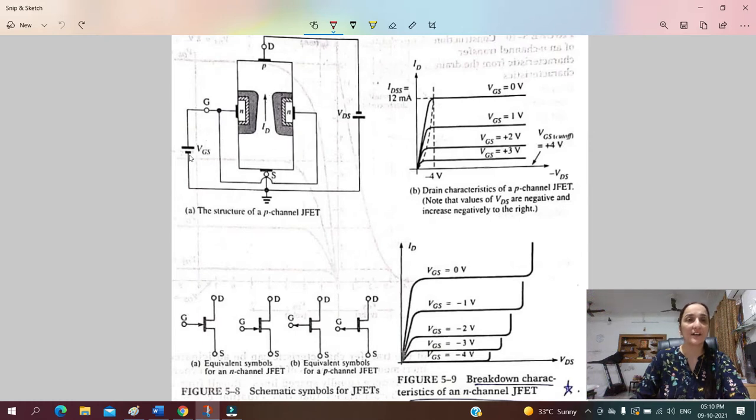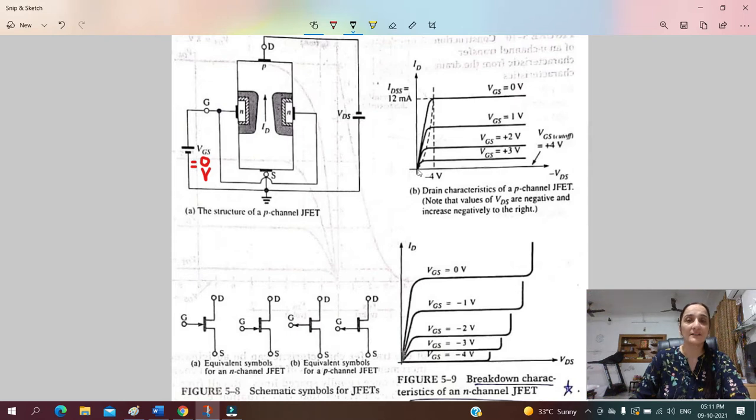Initially we have made VGS equal to 0 volt. Now we will increase VDS. When VDS is 0, drain current is 0.